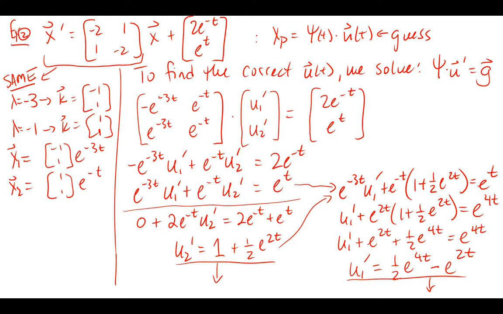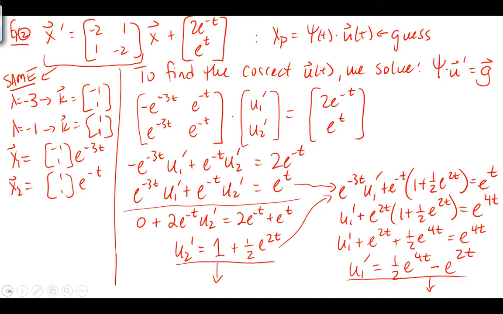All right, so let's do that so we can get them. So carrying these over. It doesn't matter what order we do them in. I guess I'll do 1 before 2. So u1 prime, as it turns out, was 1/2 e to the 4t minus e to the 2t. Is that right? Yeah, okay.